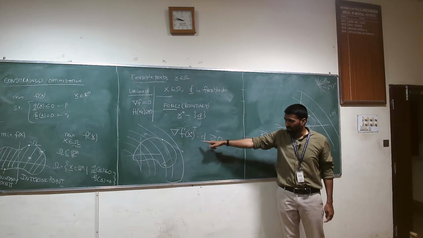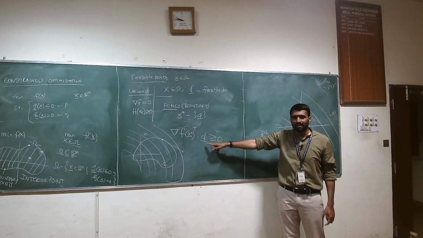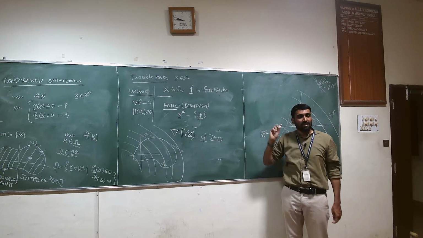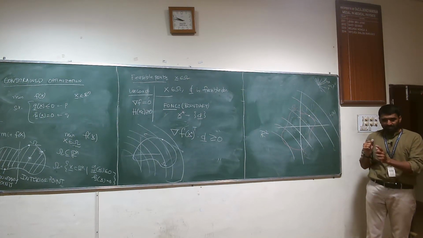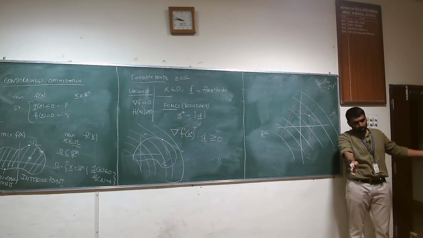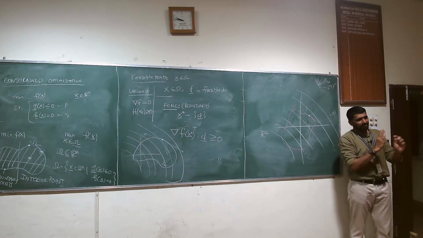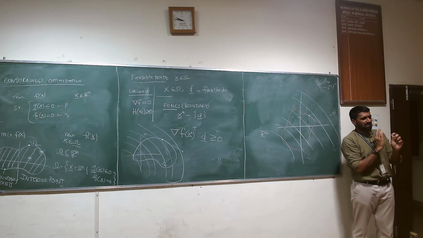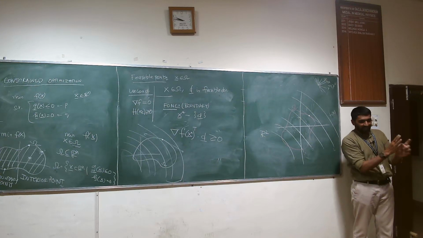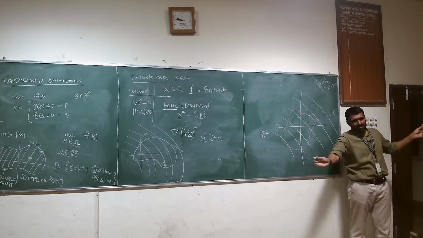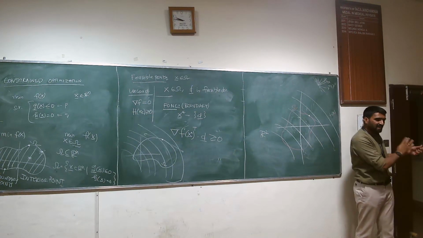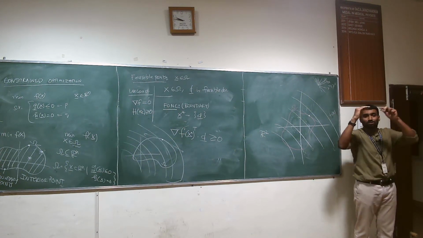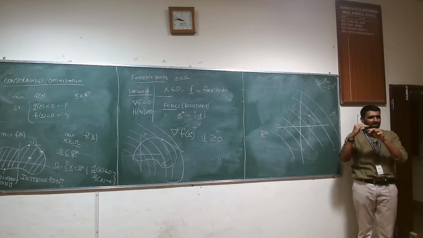Now, this says the inner product of the gradient of the function and all possible directions has to be greater than 0. That means I'm at the boundary. These are all the points that I'm allowed to move. And if the gradient has a component in any of my feasible directions, and the gradient points in the direction in which the function increases, that means anytime I move in a feasible direction, the value of my function is going to go up.